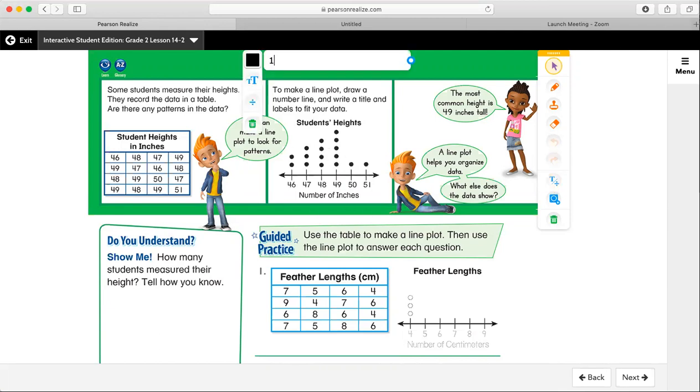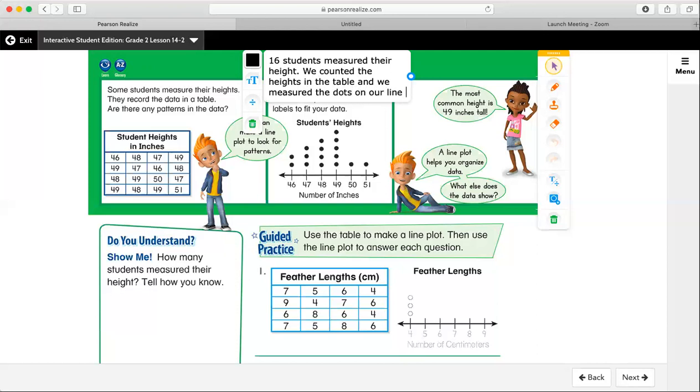So 16 students measured their height. We counted the heights in the table, and we measured the dots on our line.